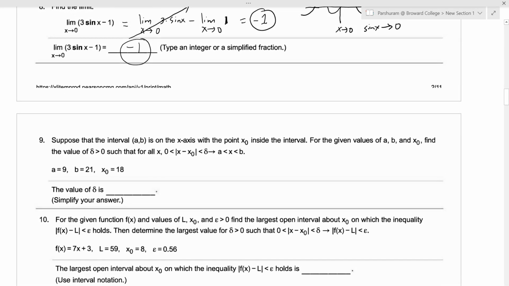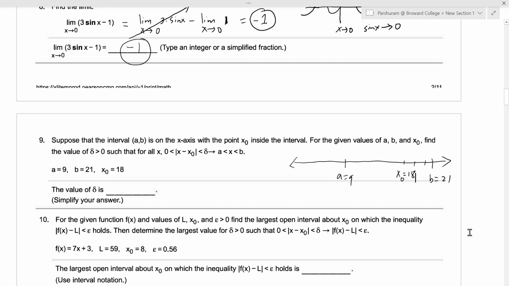In this problem, we have this number line, and we have the value of A, which is 9, the value of B, which is 21, and the value of x0, which is 18.